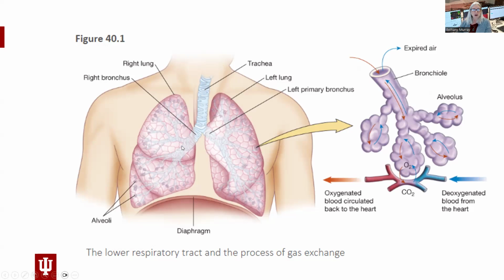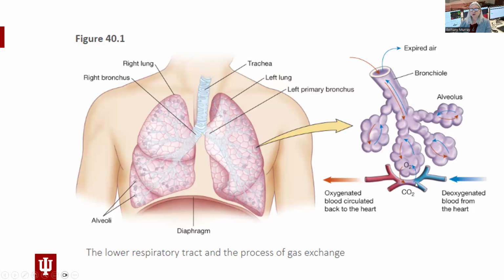Those bronchioles divide down into smaller passages and end up terminating in alveoli, which I always think of as tiny grape-like clusters. I know that's very simplistic, but the alveoli is at a cellular level where the deoxygenated blood comes from the right side of the heart, and it passes through and around these sponge-like clusters and picks up oxygen across the cell membrane.